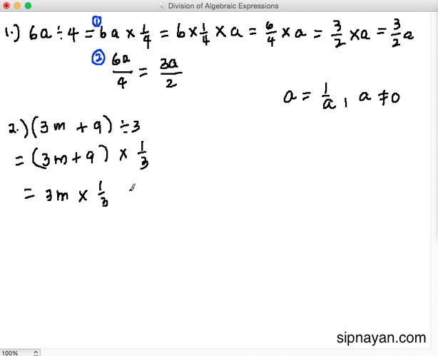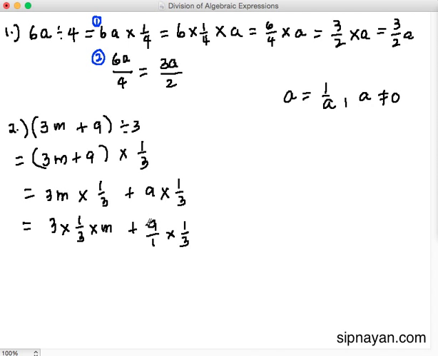Distribute natin yan plus 9 times 1/3. Okay? So, yung 3m, syempre, i-multiply natin yung 3 by 1/3. So, 3 times 1/3 times m, i-reorder lang natin, plus, pwede na natin ito i-compute, di ba? 9/1 times 1/3. Okay?